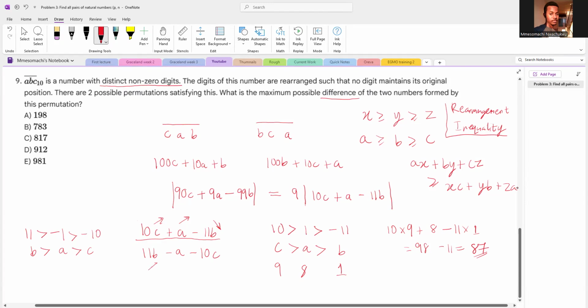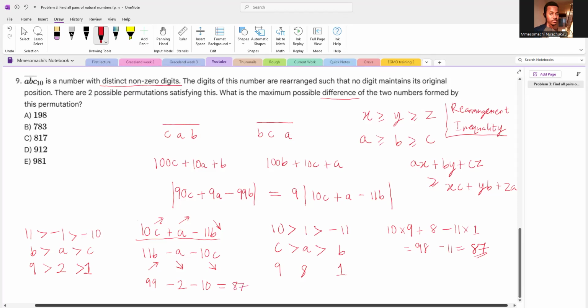As B increases, the whole expression increases. As A increases, the whole expression reduces. As C increases, the whole expression reduces. So we maximize B. We know that A has to be greater than C, and as C increases the expression reduces, so C has to be 1, and then A has to be 2. In this scenario, the expression becomes 99 minus 2 minus 10, and 99 minus 12 becomes 87.